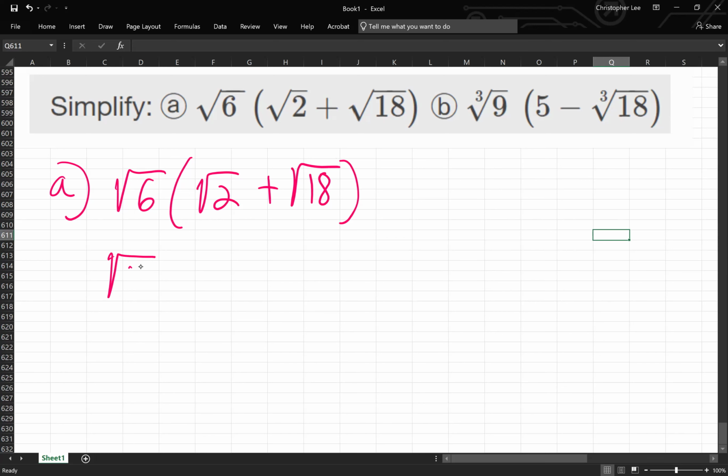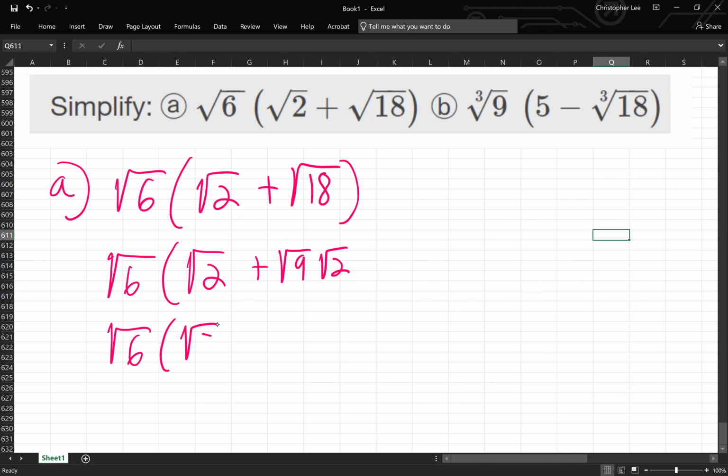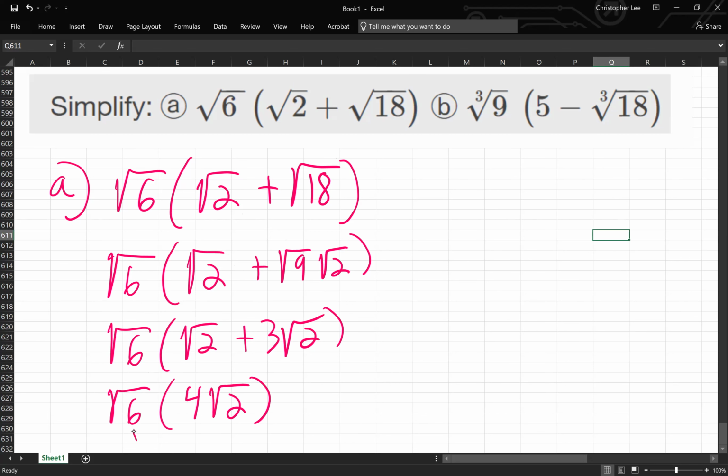This would become square root 6 times square root 2 plus square root 9 times square root 2, which will become square root 6 times square root 2 plus 3 square root 2. 1 plus 3, that's 4. So this is square root 6 times 4 square root 2.